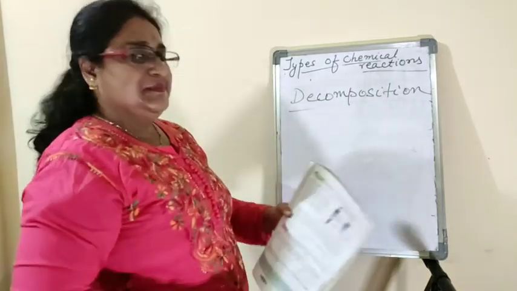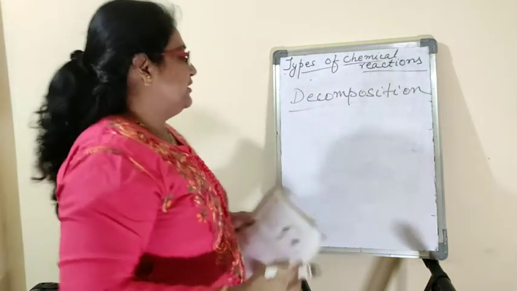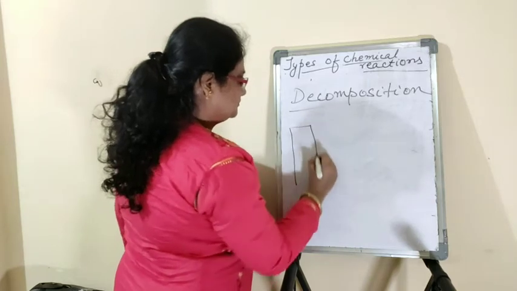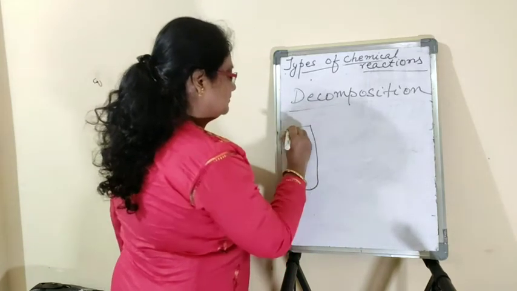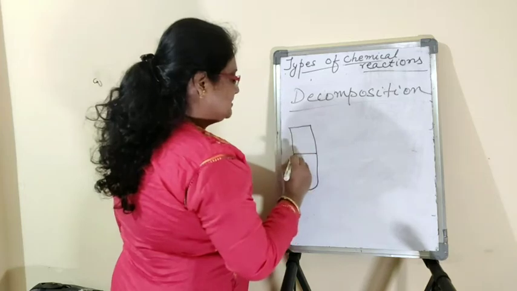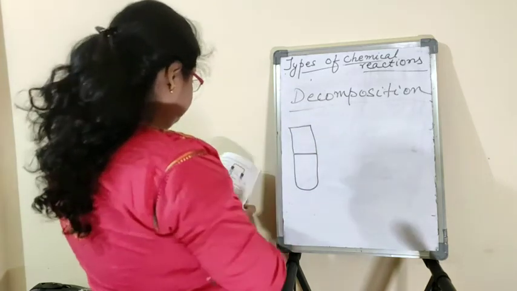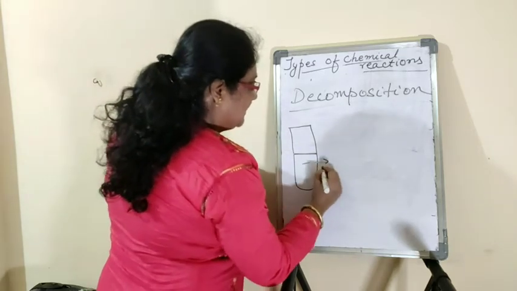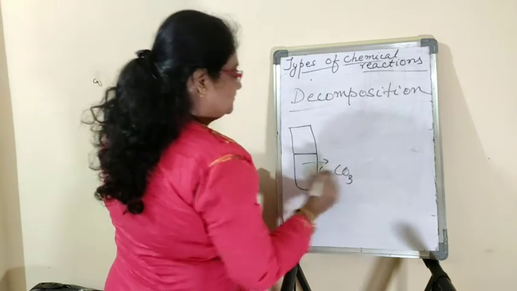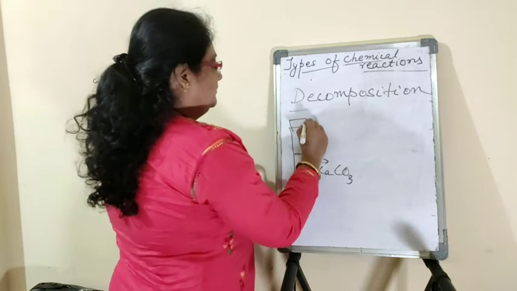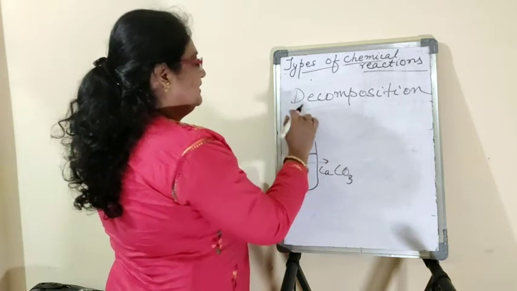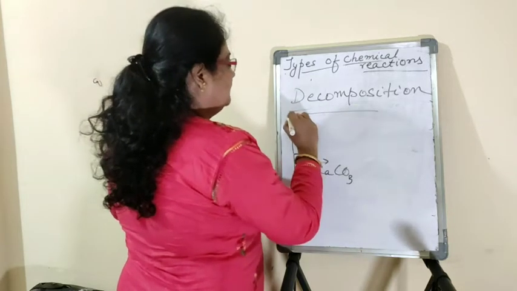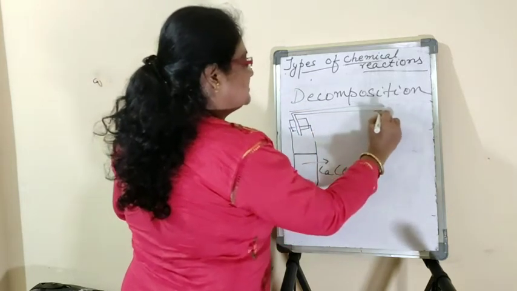I am taking another example. The diagram is already given in your textbook, but again I am drawing it for you. Take two test tubes. In the first test tube, take calcium carbonate, CaCO3. Put a cork and insert a bent pipe through it, connected to another test tube.